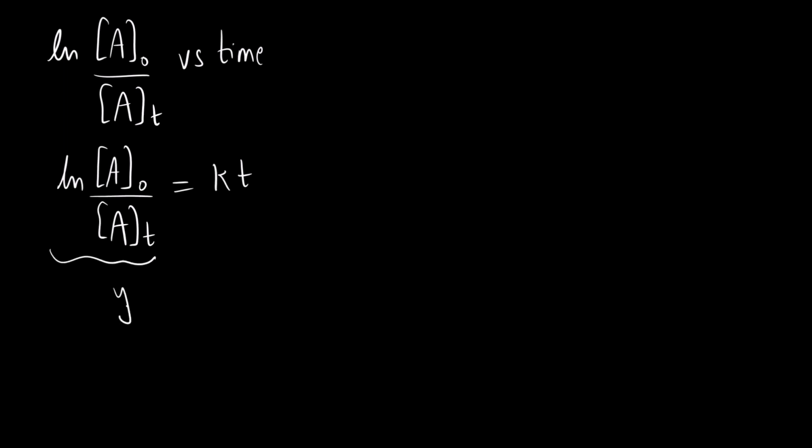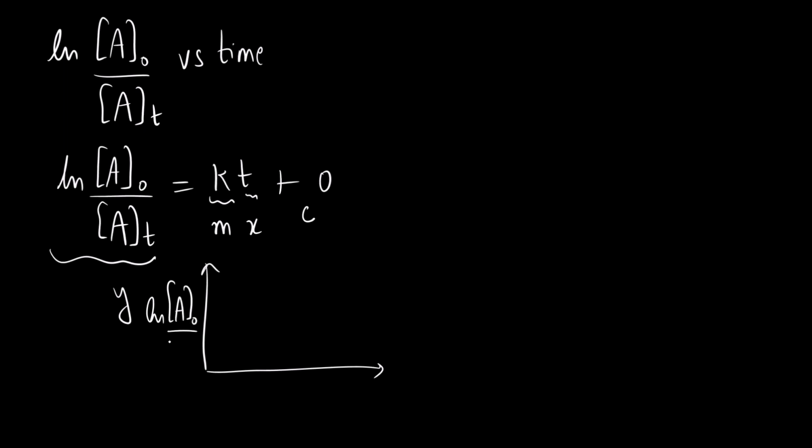This will be on my y-axis, this is the slope, this is x plus 0, so the y-intercept is 0. C is 0. So it will be a straight line graph, with ln of A0 by At on the y-axis and time on the x-axis. This is plus, so it will be a positive slope. Is there any intercept? No. So the line will pass through the origin. Slope is K. This was the first graph.